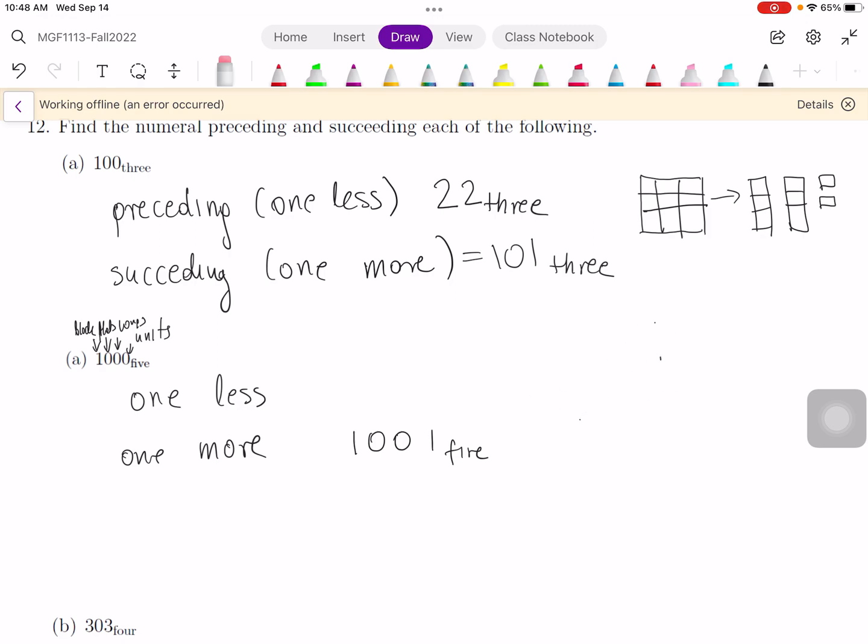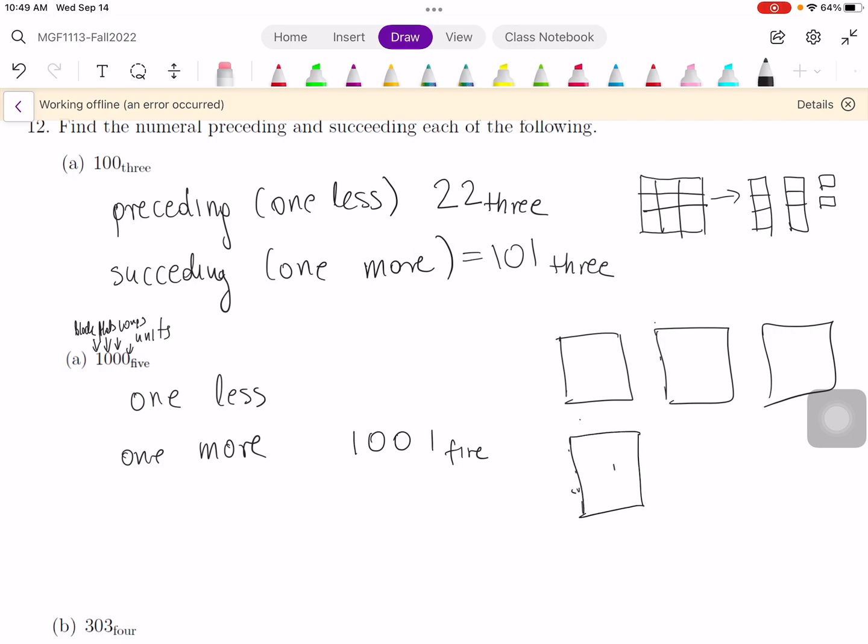So now I take 1 block, it creates 5 flats, 5 by 5. Now I remember I need to take 1 unit away, so one of the flats, the last one, I'll convert into 5 longs.